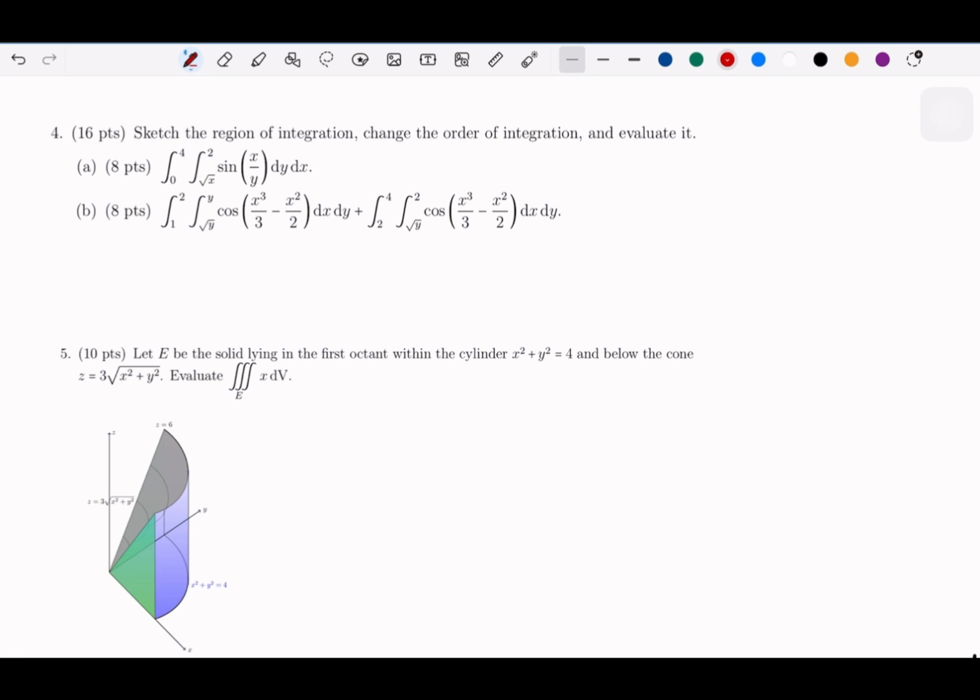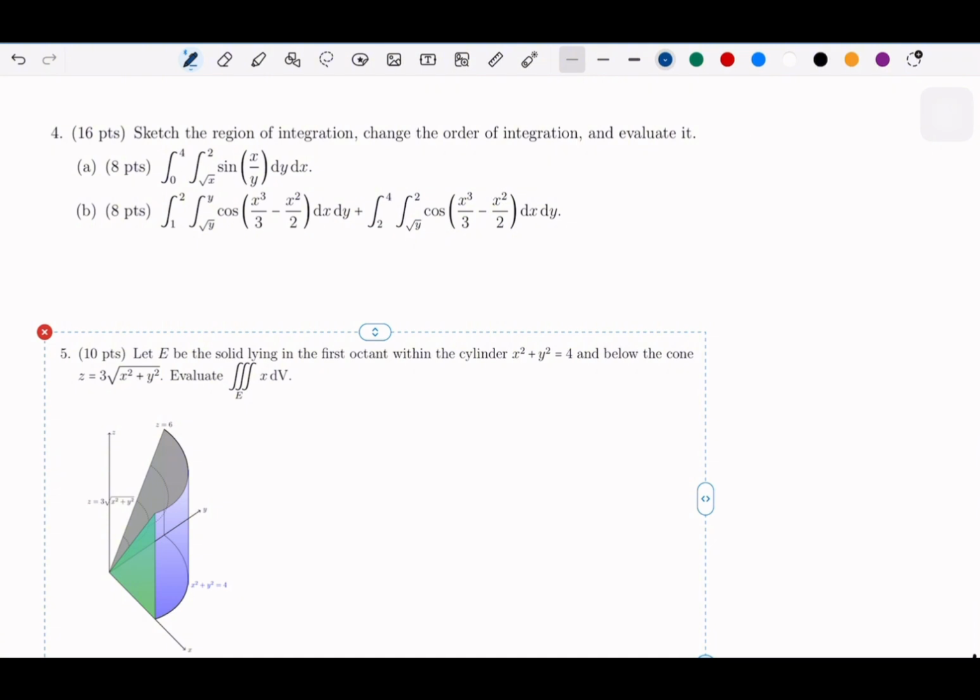Maybe I explain this one first, because I haven't covered the polar, right? So if we look at the region, suppose that D is the region.